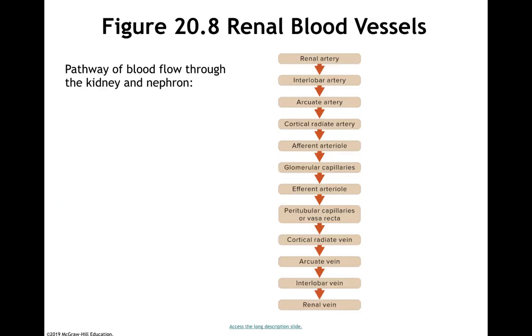So if we follow that pathway again from the beginning, going into the kidney to coming out, we would go renal artery, interlobar artery, arcuate artery, cortical radiate, afferent arteriole, glomerular capillary, efferent arteriole, peritubular capillary, or the vasa recta, which we'll talk about later on, to the cortical radiate vein, the arcuate vein, the interlobar vein, to the renal vein, and out of the kidney.